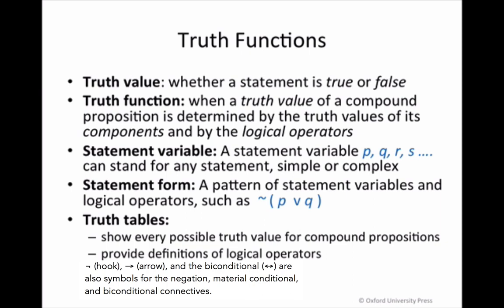What does matter to us is what happens when that sentence is compounded by one or more connectives. And what I mean by what happens is what the truth value of the sentence becomes where that sentence is a compound statement governed by a negation, a disjunction, a conjunction, whatever it may be.